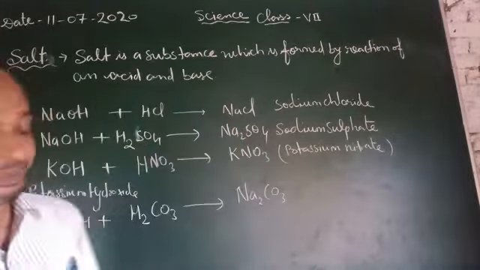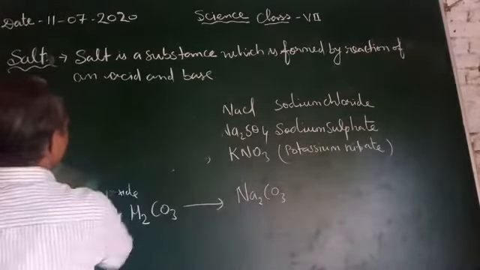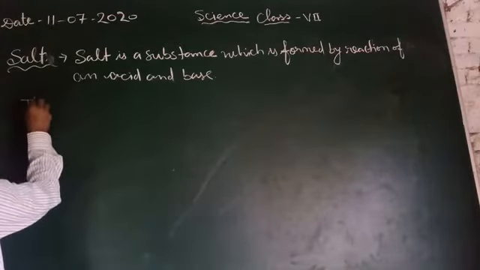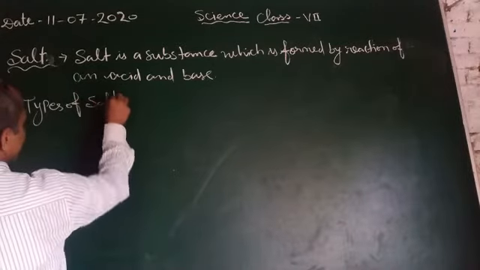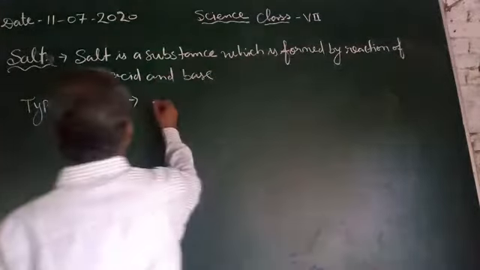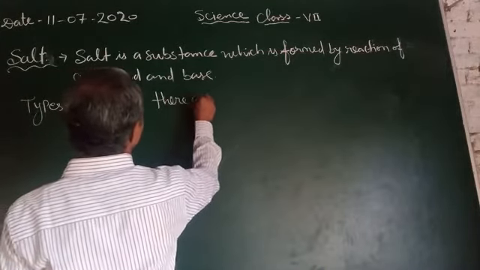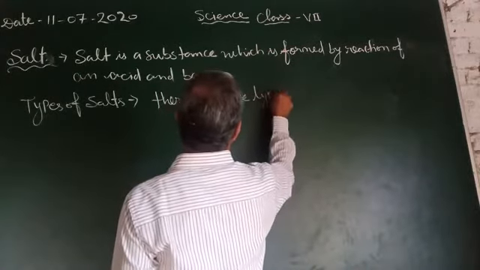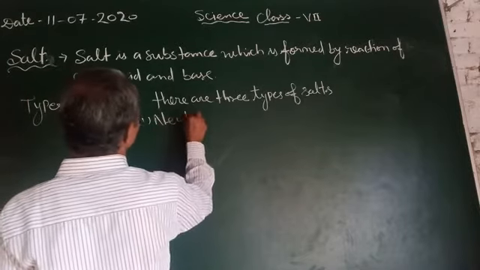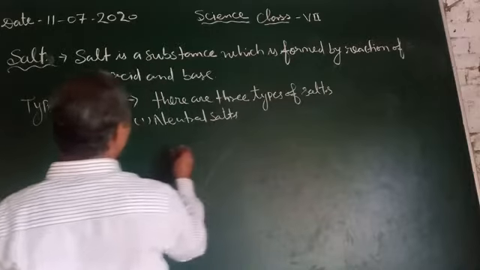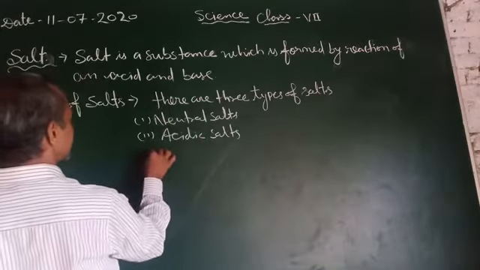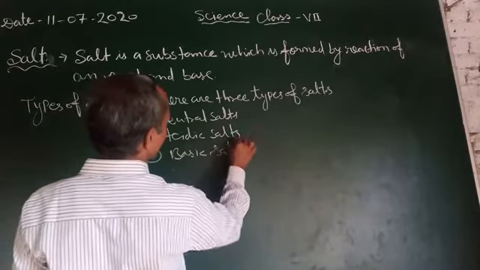Next, how many types of salts are there? There are three types of salts: neutral salts, acidic salts, and basic salts.